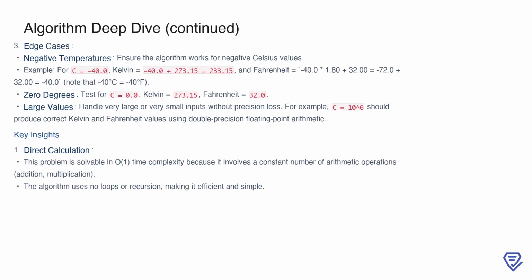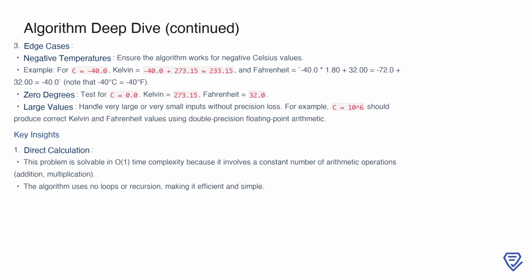Now, let's consider edge cases to ensure the algorithm handles all valid inputs correctly. Negative temperatures, for instance, should work seamlessly. For example, if C equals -40.0, the Kelvin equivalent is -40.0 plus 273.15 equals 233.15, and the Fahrenheit equivalent is -40.0 asterisk 1.80 plus 32.00, which is equal to -72.0 plus 32.00 equals -40.0.